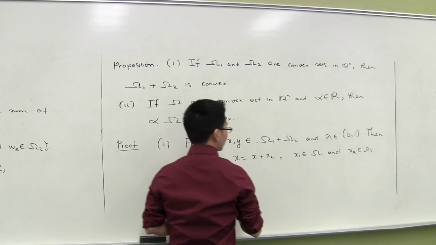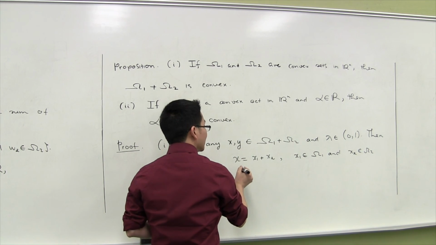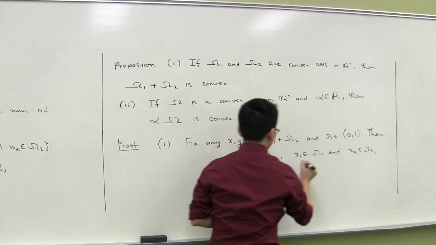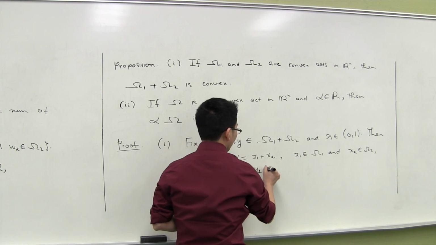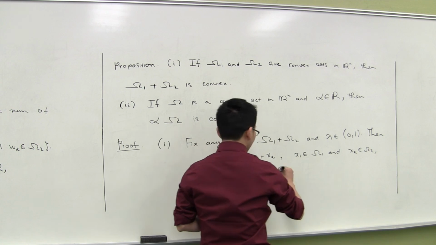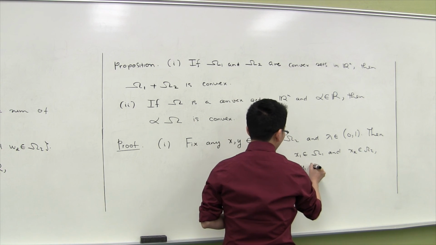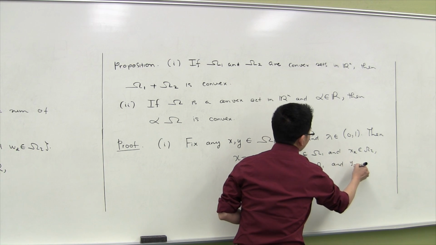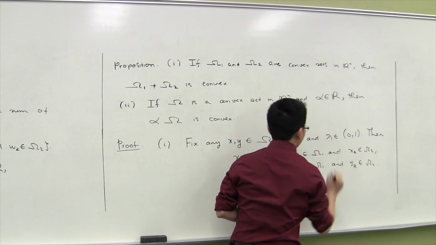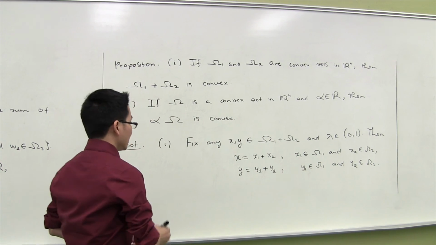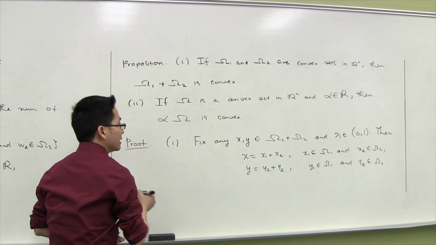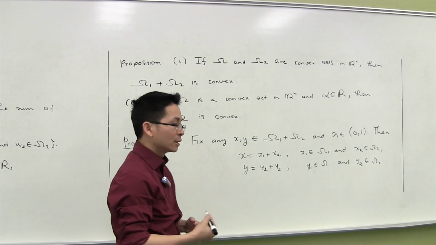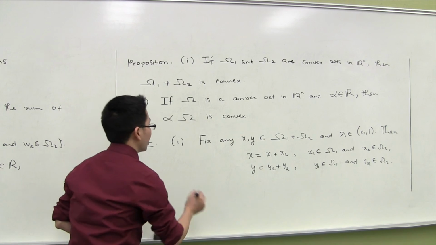Okay, and similarly, y can be represented as y1 plus y2. Here y1 belongs to omega 1 and y2 belongs to omega 2. Okay, then if we look at lambda x plus 1 minus lambda y, we have the following.